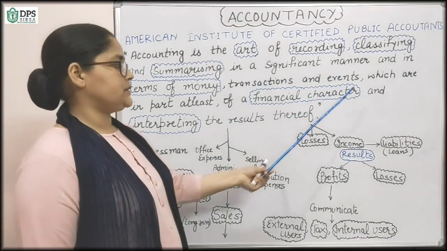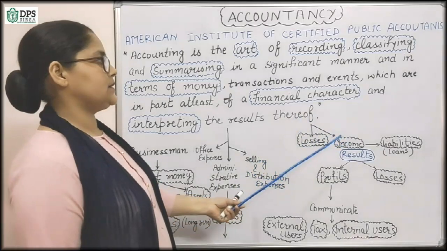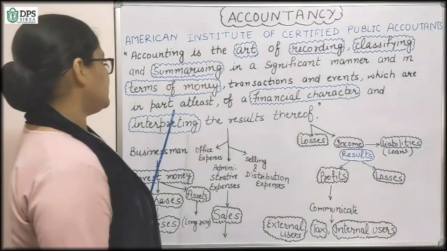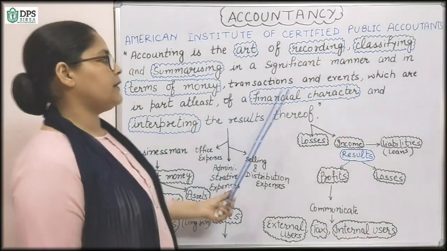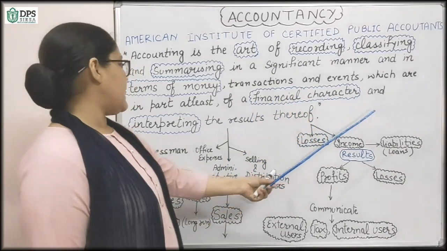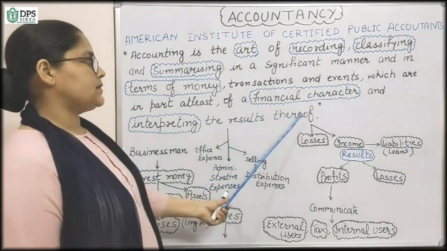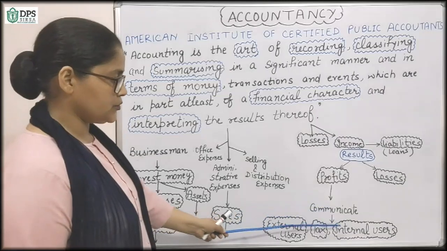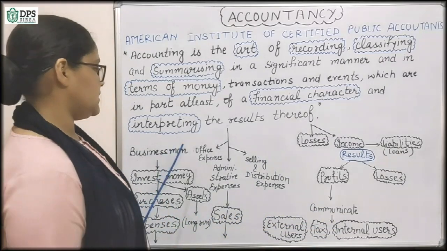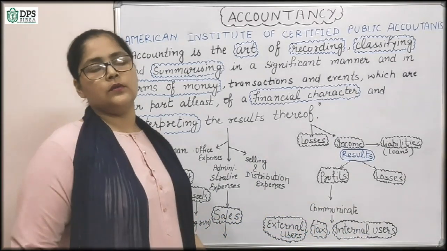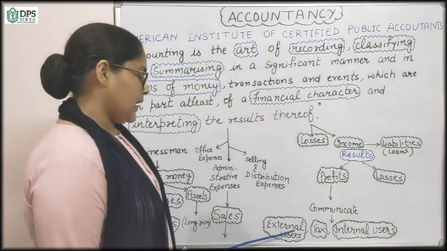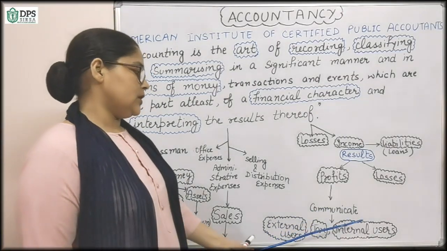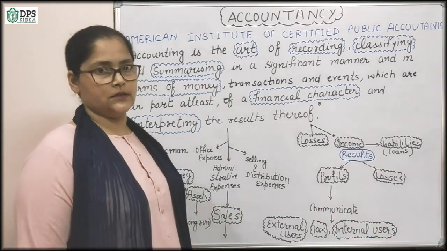Transactions and events, all these are called transactions which are at least in part of a financial character, and interpreting the results thereof. That means to show the results. Interpreting means to give the results to the external users, tax authorities and internal users.